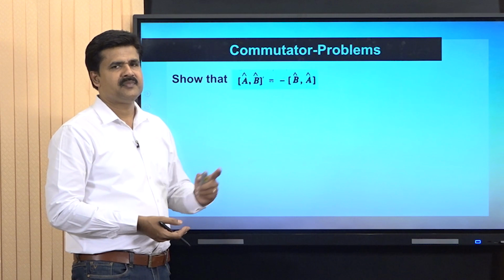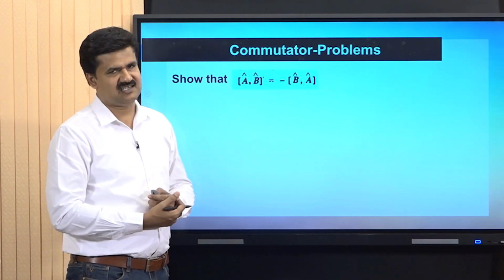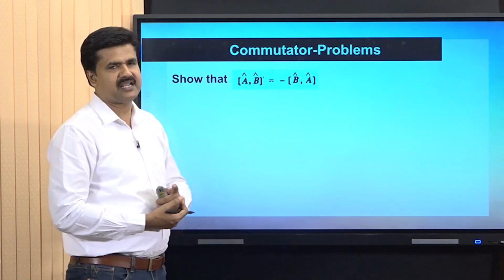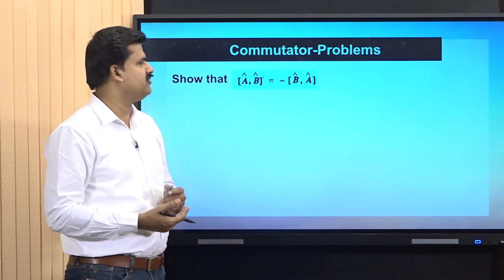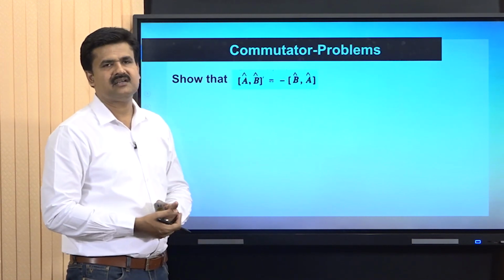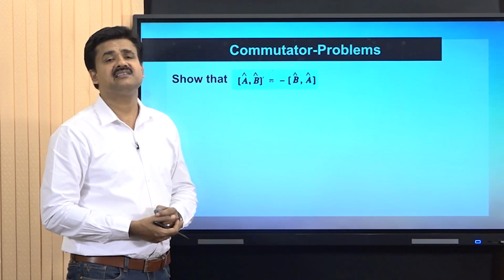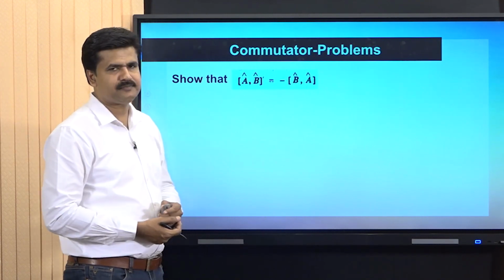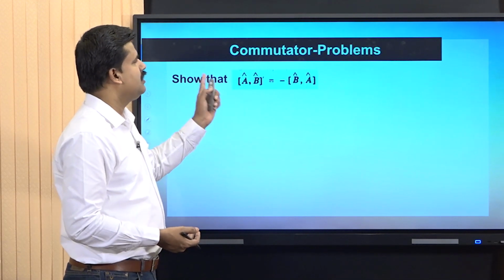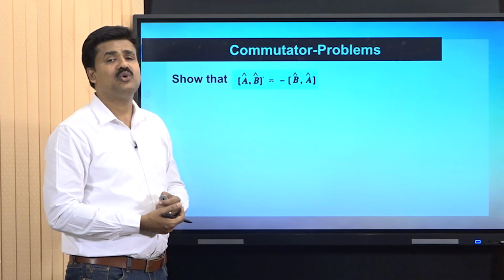First of all, commutators have some interesting relations also. We are doing a mathematical proof, that is, we have to prove that the commutator of A hat and B hat is equal to minus the commutator of B hat and A hat. We can prove it, and there are some steps to show LHS equal to RHS.